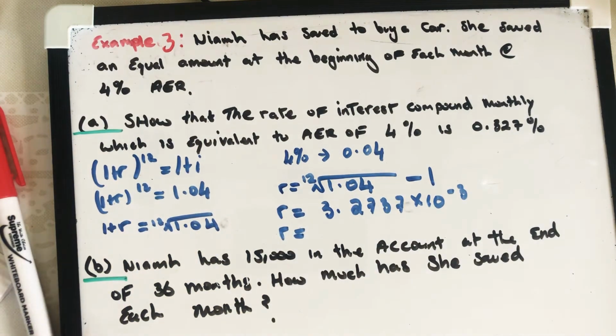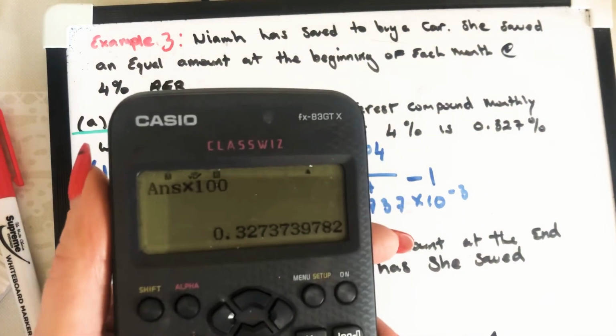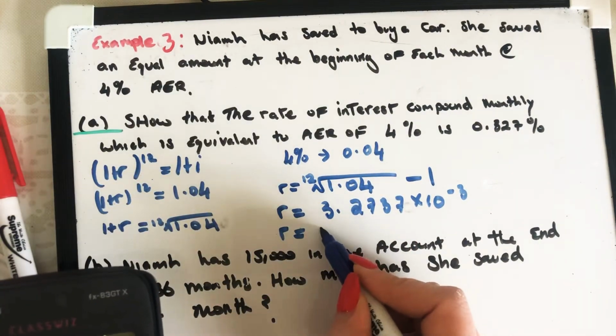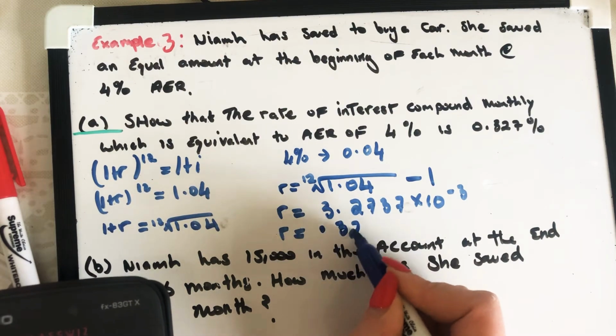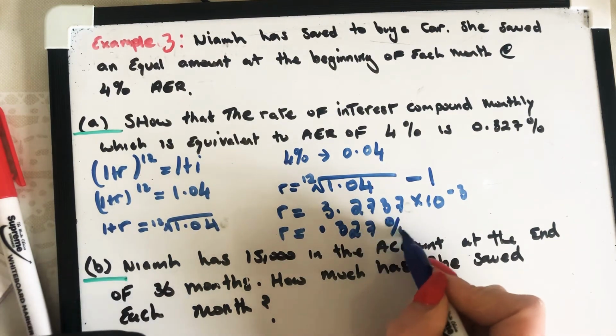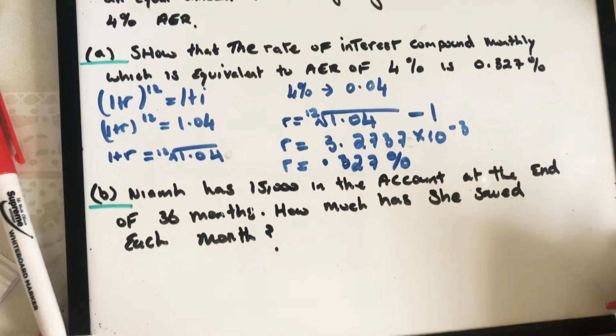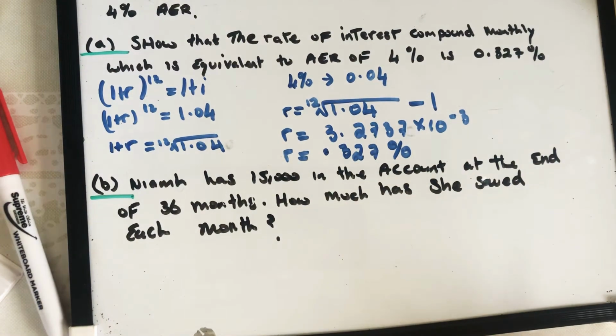So let's multiply by 100. And we get this, exactly what we wanted. Okay, first part of the question done. So we got back to 0.327%.